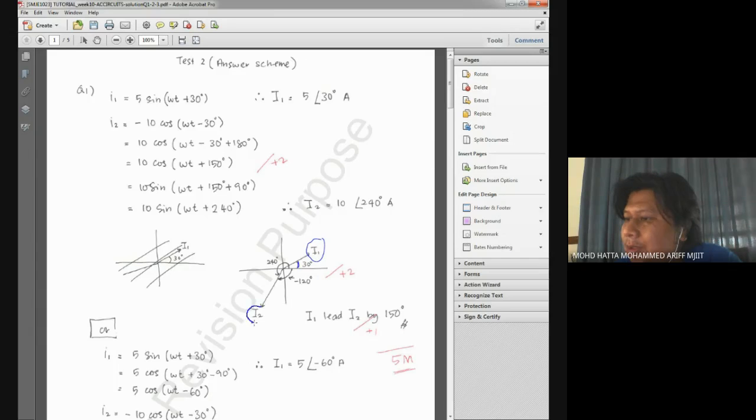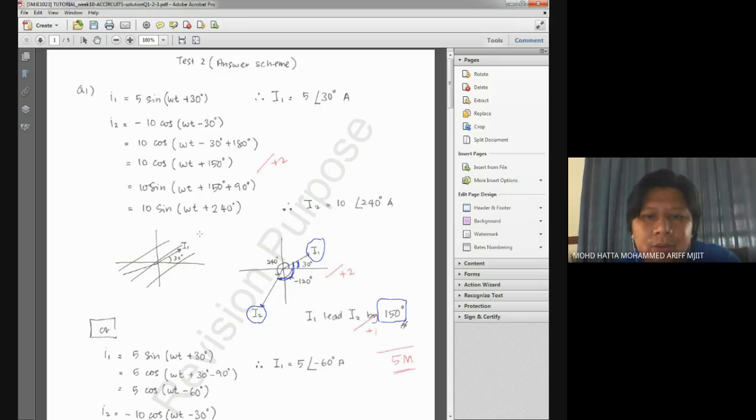So here is the vector of I2. Based on these two drawings, you can see that the phase difference is given by this angle. This angle is the phase difference of I2 and I1, and that's why we got our answer as 150 degrees here. And since I1 is up here, we can say that I1 is leading I2 by 150 degrees.